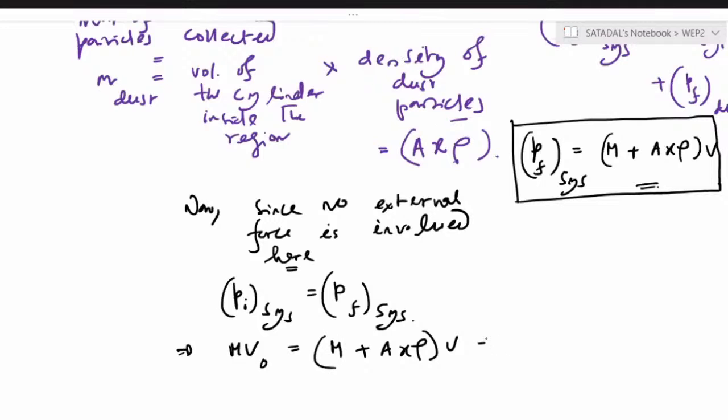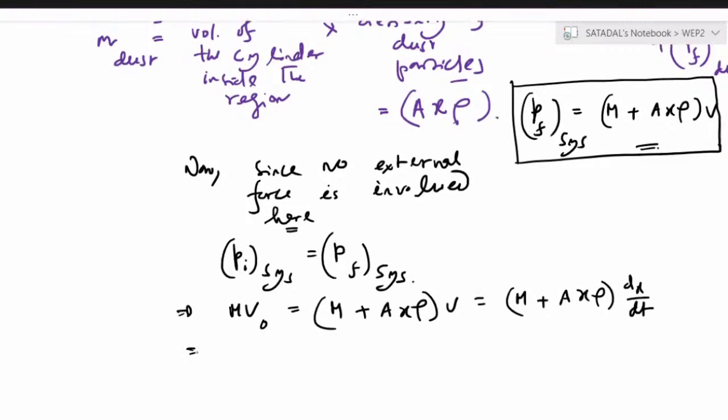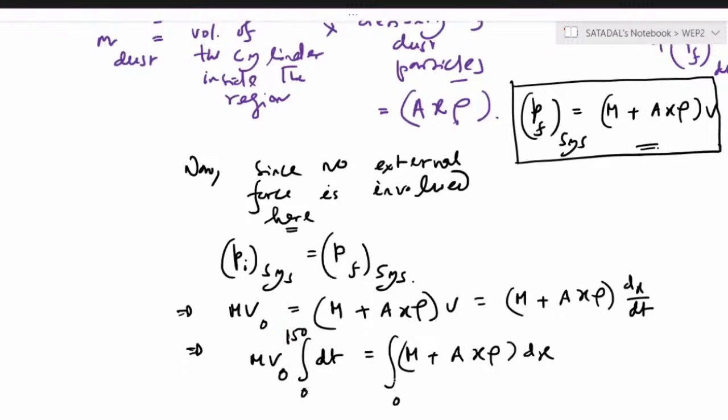So M plus A X rho, V means what? dx by dt, right? So just separate the variables. M V naught dt is equal to M plus A X rho into dx. The limits are time from 0 to 150 seconds and x from 0 to x.